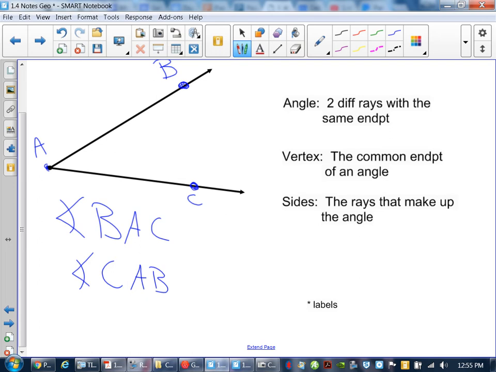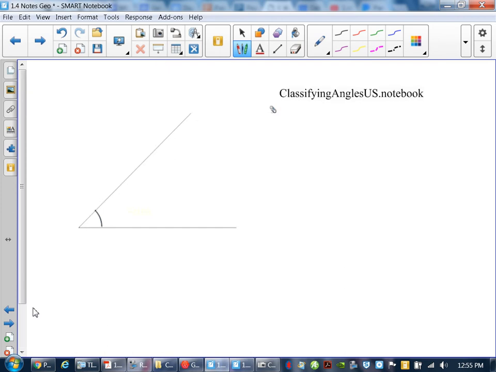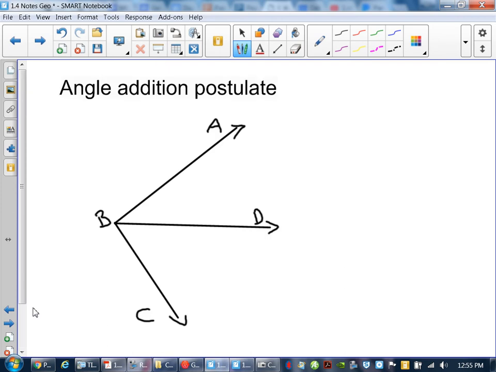So far, so good? And I'm guessing the only thing that was new was that little arc thing that I put in my angle symbol, right? All right. So there's, like I said, only a couple things new. Can I go to another one? Yeah. All right. Just jump right into it then.